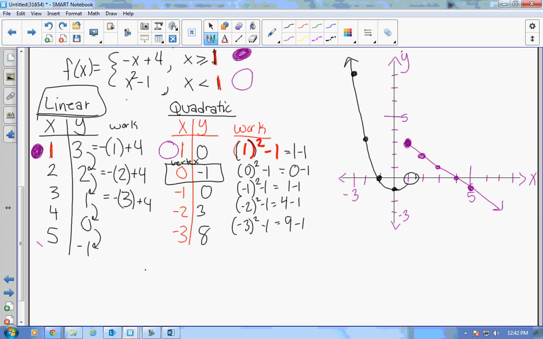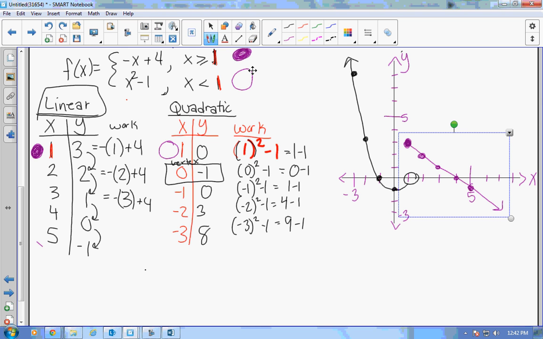And there are two pieces of this piecewise graph. The important part of the graph revolves around the 1. So there are 2 points at the 1. One of which is open, this one's open, and this one's closed. What would happen if both were closed? What would be wrong with both being closed?